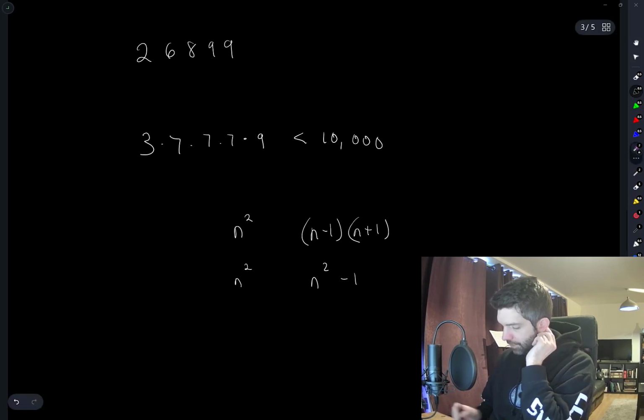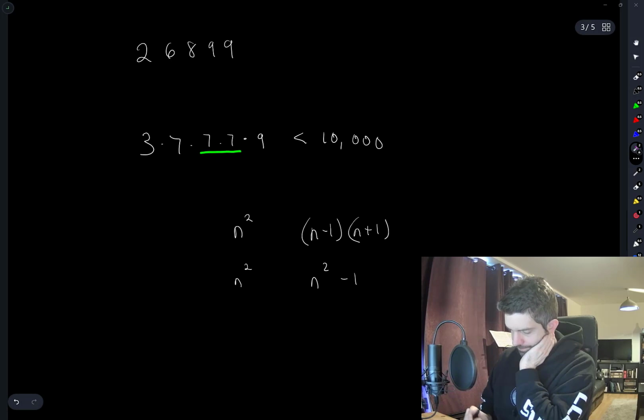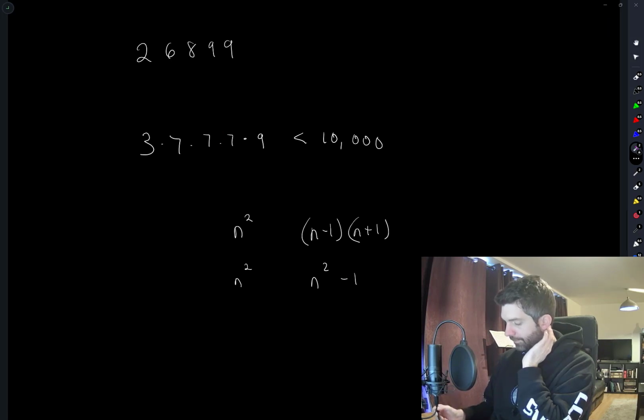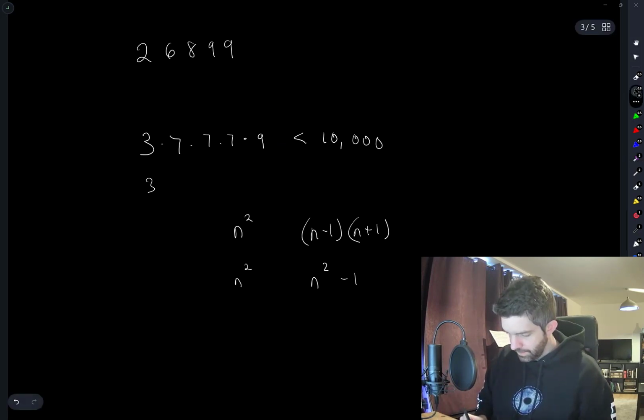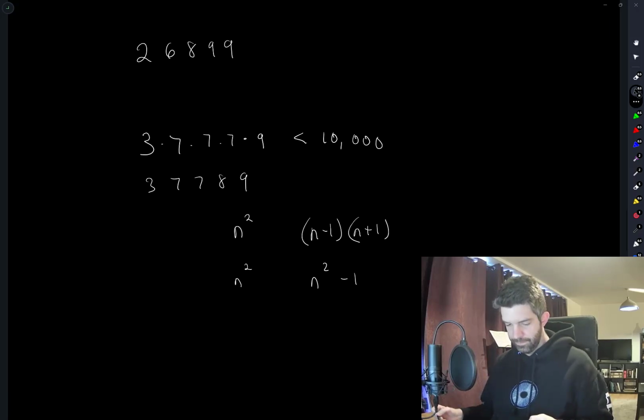So if I have 2 digits here that are the same, if I replace one with something higher and the other with something lower, the product goes down. So if I replace this with an 8 and an 8, right? 3, 7, 7, 8, 9. Oh, but that product is greater than 10,000.